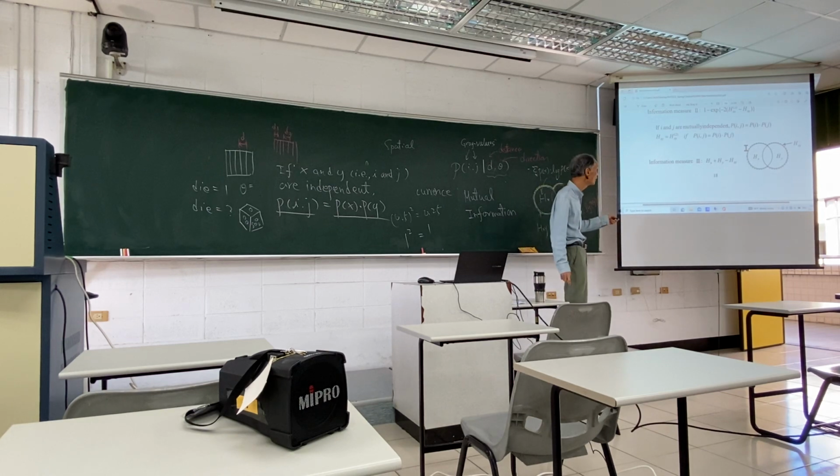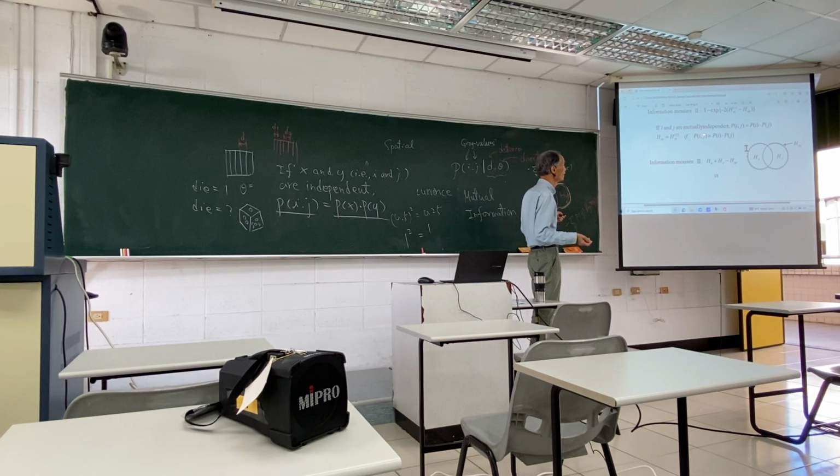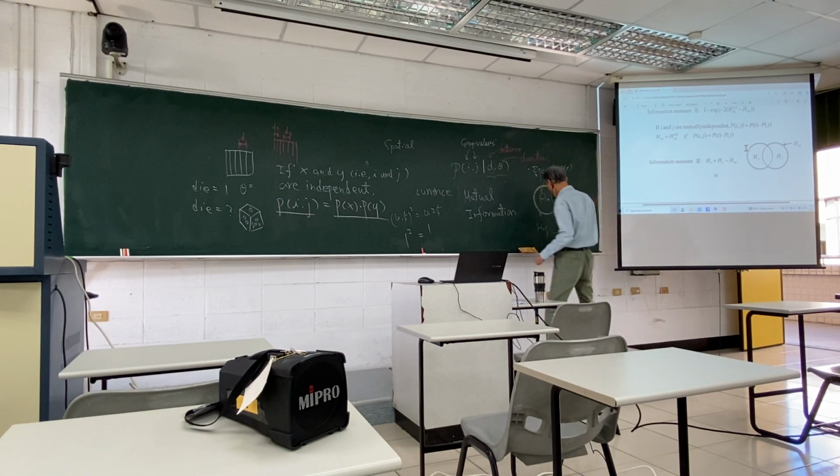So it's right here, the joint entropy. If they are truly independent, then the joint probability can be written down as the multiplication of the marginal probability of Pi times Pj, okay?